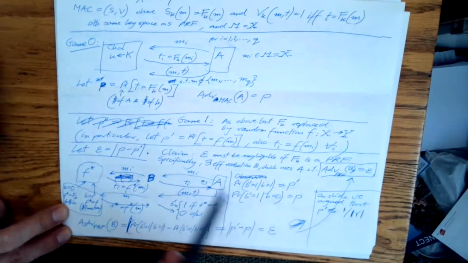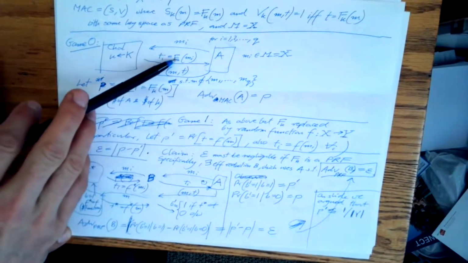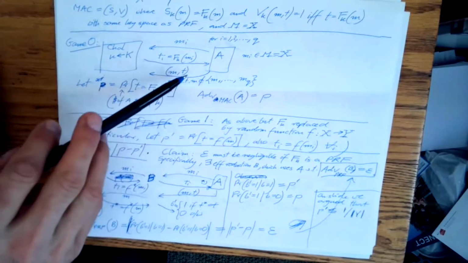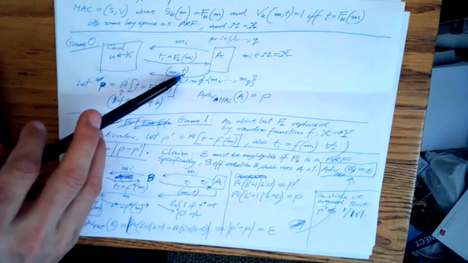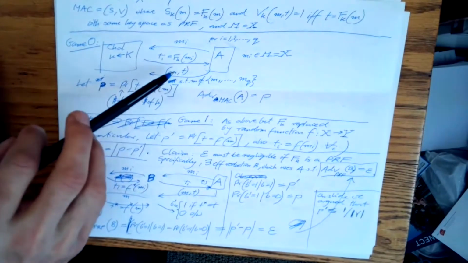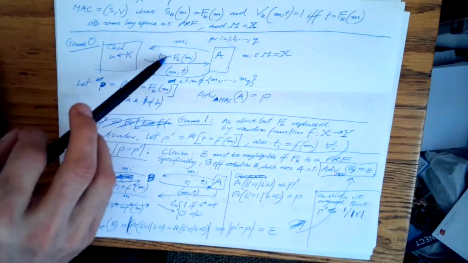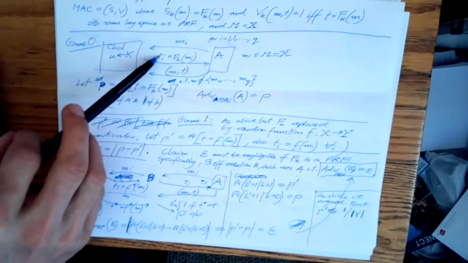Because this is just a random function output. So if m is different, t is a random value. The value of this random function on m has nothing to do with the values on other arguments.